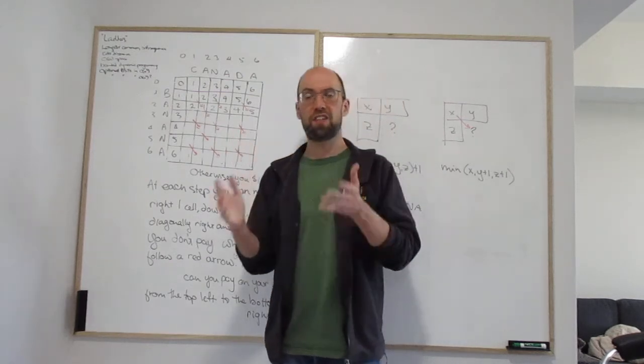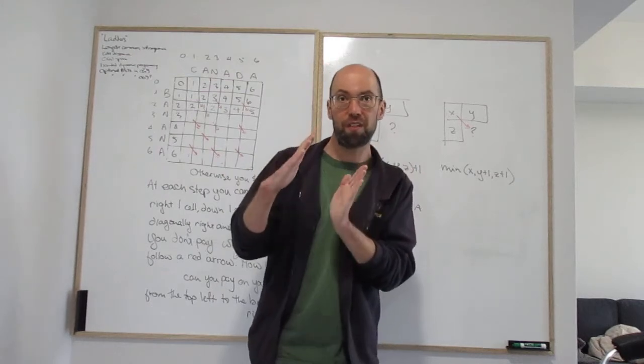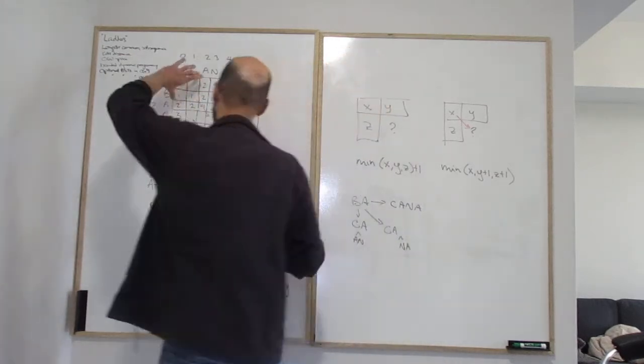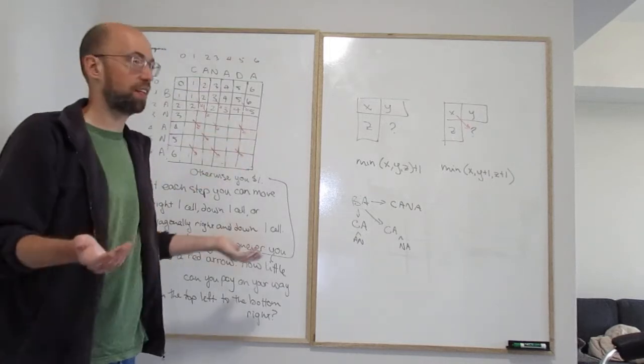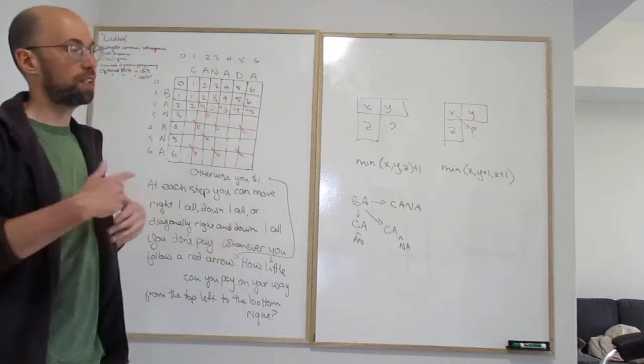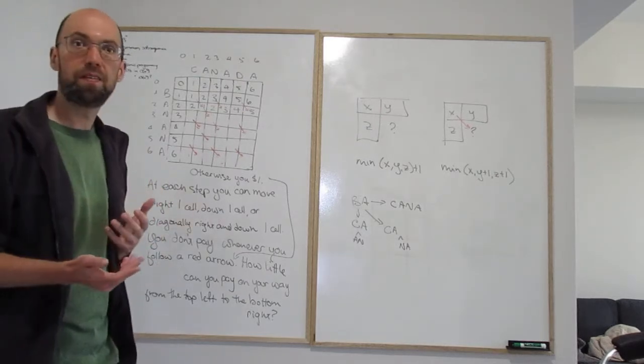And so if I tell you 3, if you're sneaky, you can rewrite your program so that it only fills in this band along the diagonal. That's why it's called banded dynamic programming. And then if I give you the edit distance is k, you can actually do it in k times n time.